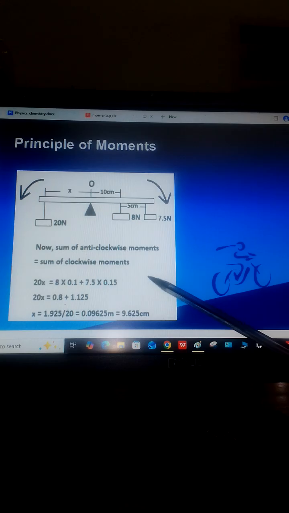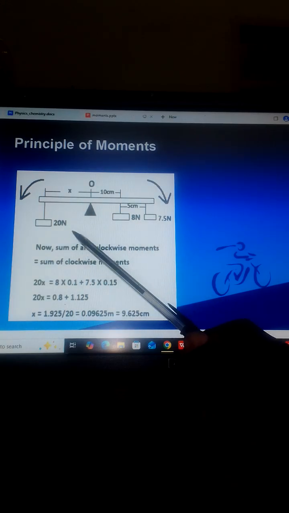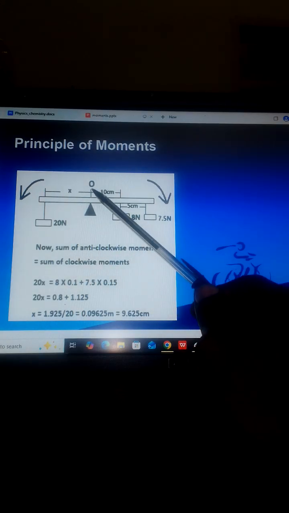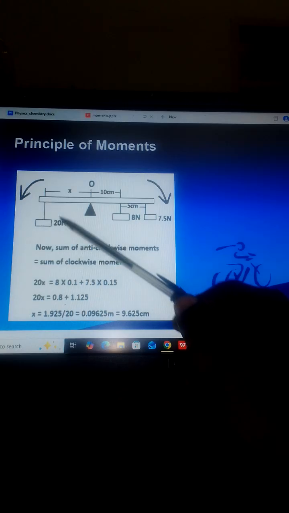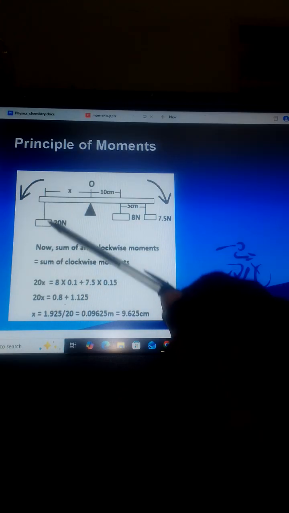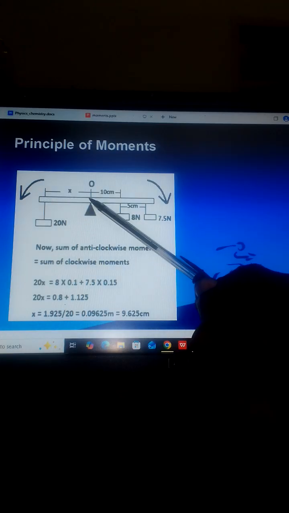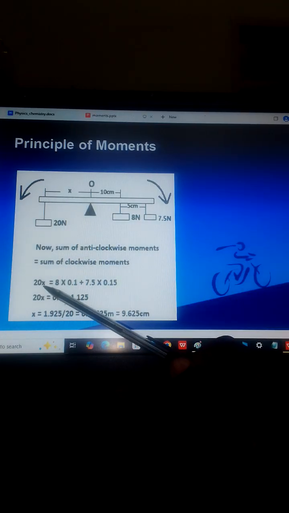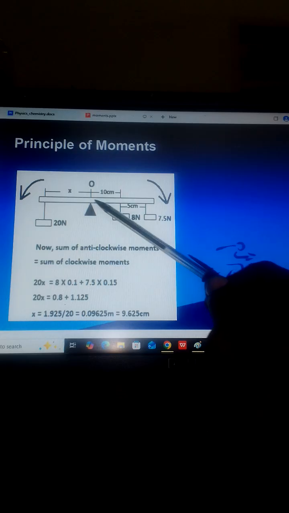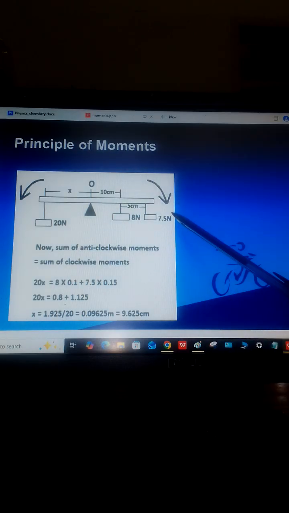So in this case, the anti-clockwise moment is equal to this weight, 20 newtons, times the perpendicular distance x, that is 20x. It is equal to the sum of the clockwise moments.